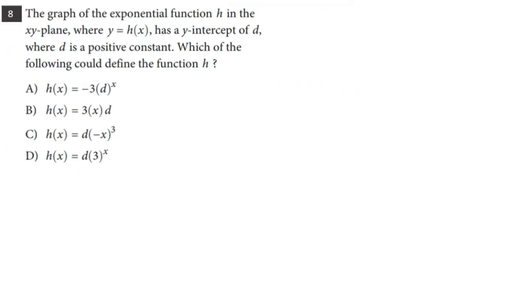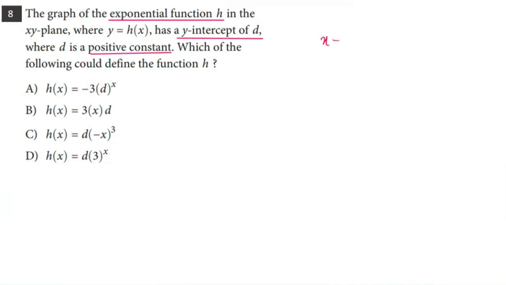Problem 8. The graph of the exponential function h in the xy plane, where y equals h of x, has a y-intercept of d. Okay, so the y-intercept should be d, where d is a positive constant. Which of the following could define the function h? So what does it mean by y-intercept of d?